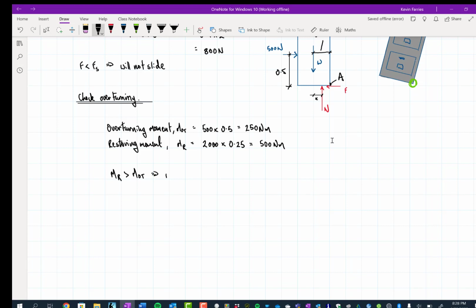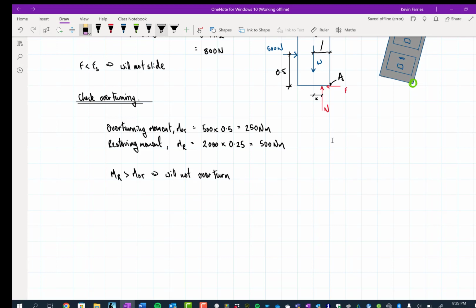So that means it will not overturn. So it won't slide, it won't overturn, therefore it's going to be stable.